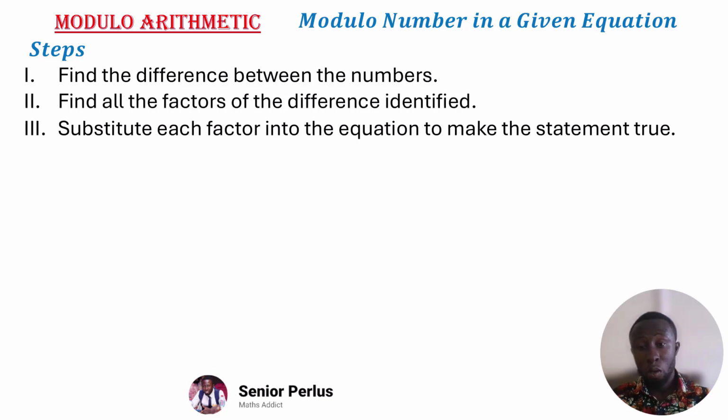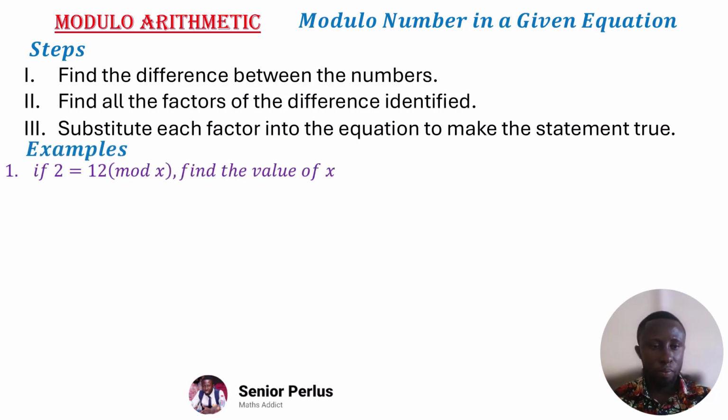We know how to find the factors of a number. Step 3, substitute each factor into the equation to make the statement true. So let's see how it goes.